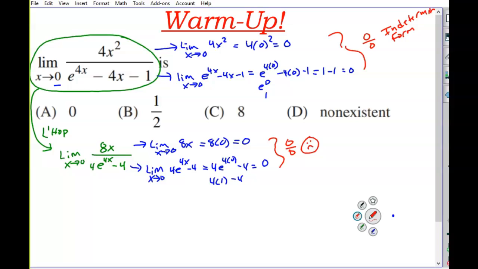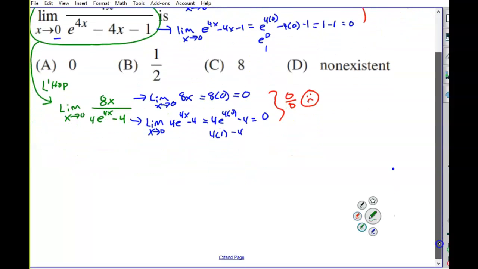Now, usually, L'Hopital's rule is applied once or twice. It could be applied as many times as needed, or sometimes you keep applying it and it's not going to work. There's a lot of different scenarios, but in this case, if we do L'Hopital's rule one more time, look at what the top does.